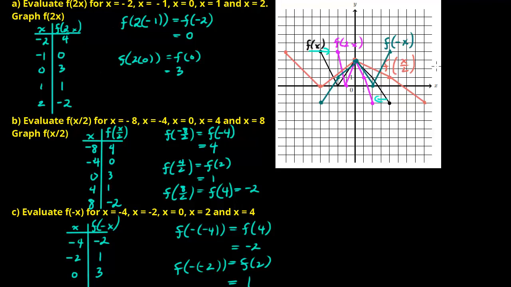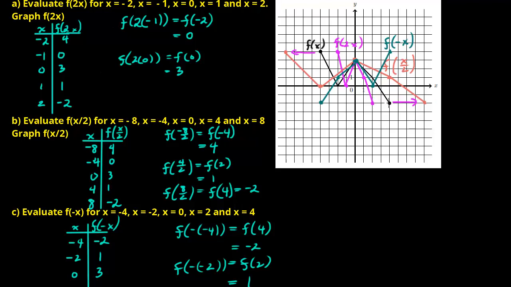And how much did we compress it by? We compressed it by a factor of 1/2. The distance between the y-axis and f of x has been reduced by a factor of 1/2. If you look at how f of x over 2 relates to the graph of f of x, it looks like we've taken the graph of f of x and stretched it. And how much did we stretch it by?